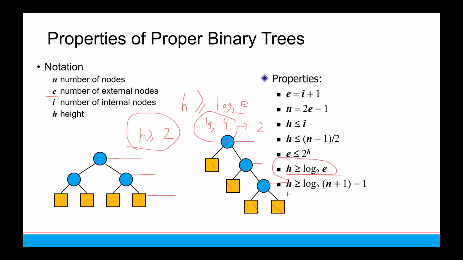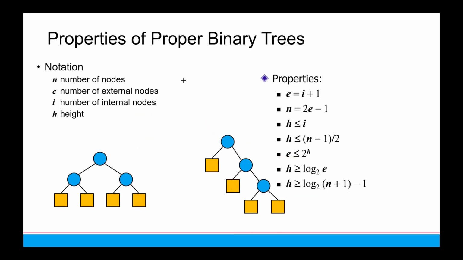Or we can have h is greater than or equal to log base 2 of (n plus 1) minus 1. It means log base 2 of (n plus 1) minus 1. n is 7, plus 1, it is 8, minus 1. Okay.